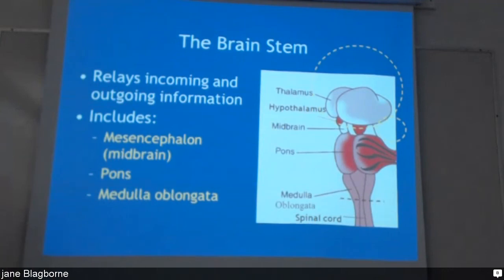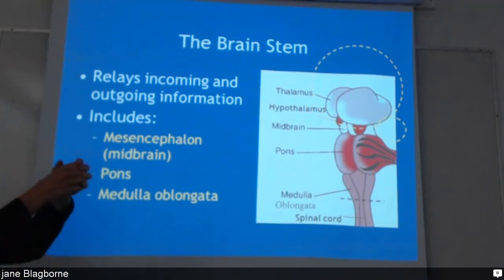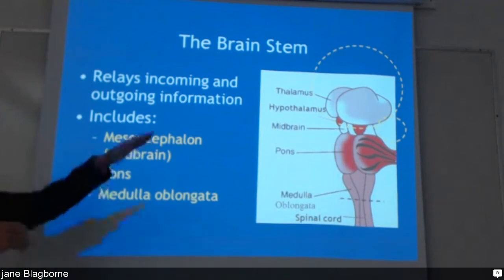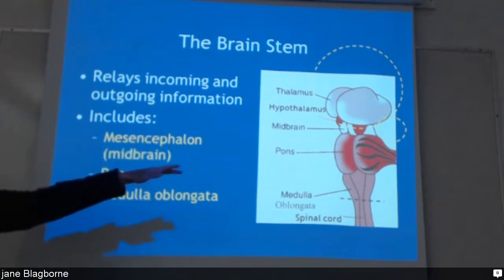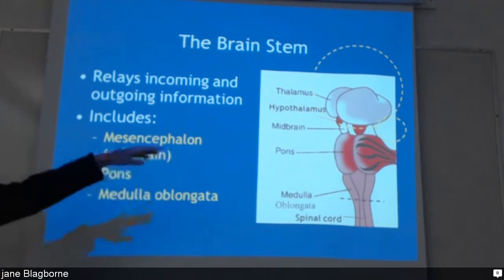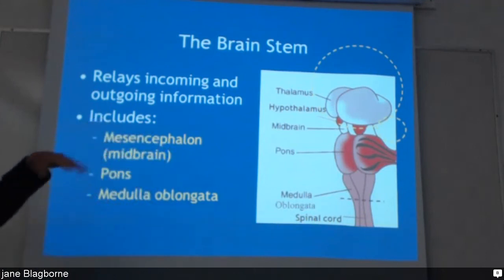And if a person has a head injury and the brain swells, then it pushes that down. It actually pushes the brain stem down into the bones of the spinal column. And that's where it is very, very dangerous because these are the areas that are responsible for your breathing and your heart rate. So it can be a fatal injury if the brain swells too much and starts pushing the brain down.